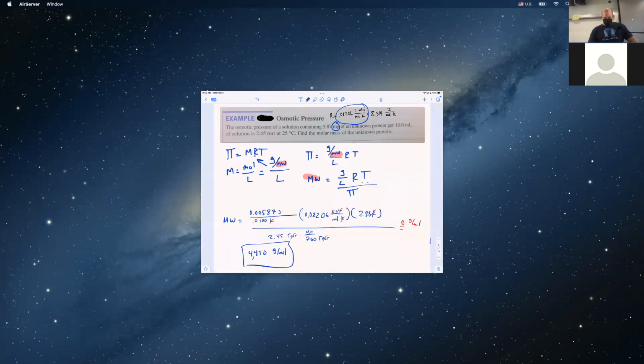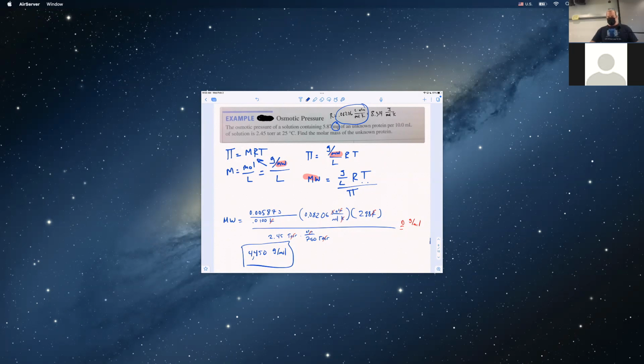Anyway, so we have osmotic pressure equals molarity, moles per liter, times the gas law constant times temperature. Molarity is also moles per liter, and a mole is the grams divided by the molecular weight. So we can rewrite osmotic pressure as the mass of the substance divided by its molecular weight, divided by the liters of solution, times the gas law constant R times the temperature.